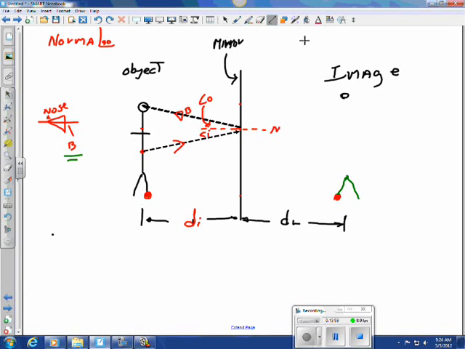Okay, watch what I'm going to do. I'm going to take him, and I'm going to flip him like this, so he's straight. Okay, and now he's going back the other way.